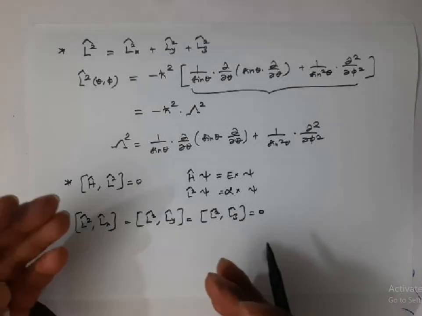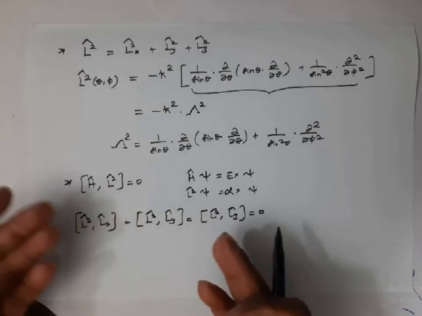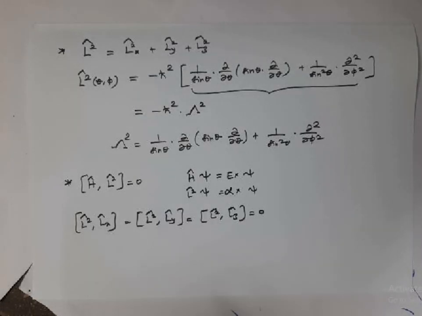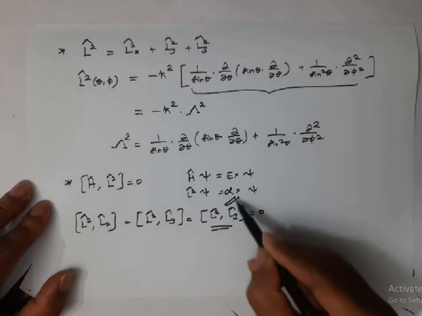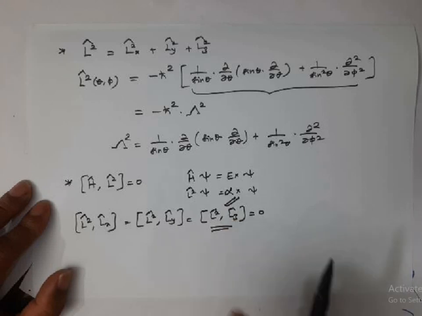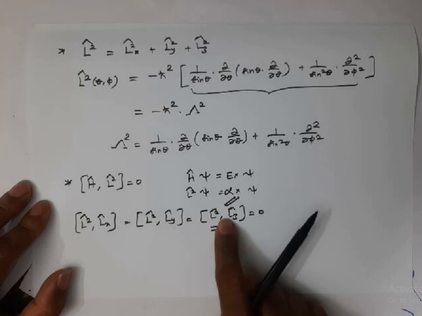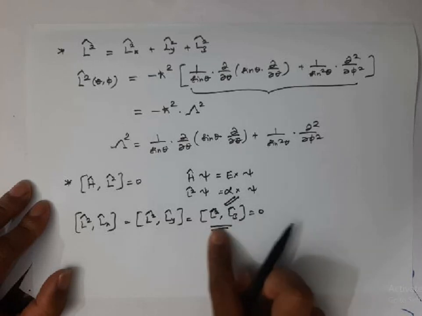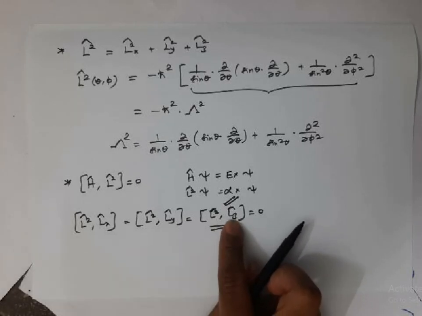It means simultaneous measurements are possible; they do not obey the Heisenberg uncertainty principle. But we preferably choose L square and Lz, as I told you already, because the z component of the angular momentum operator is a very simple operator and very easy to use.